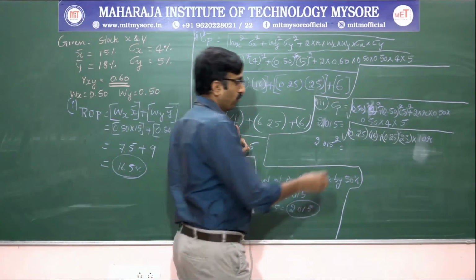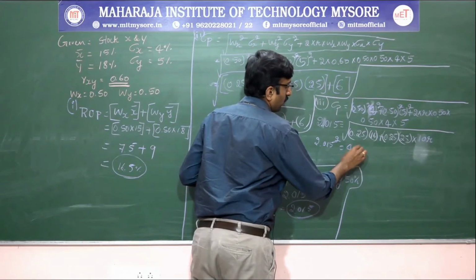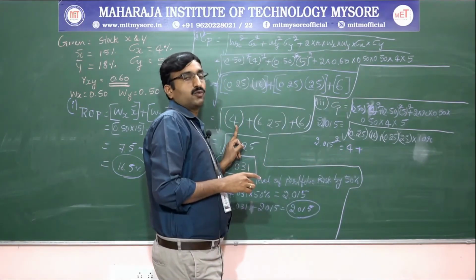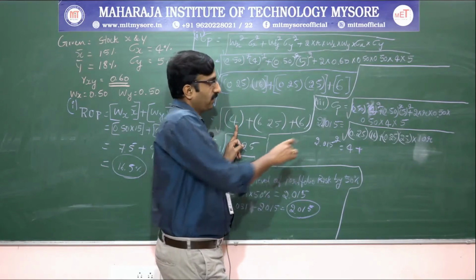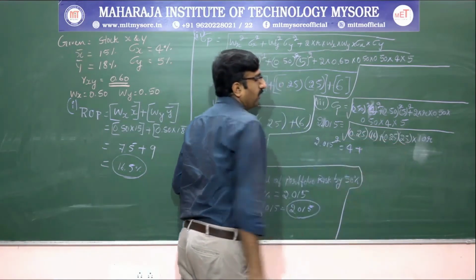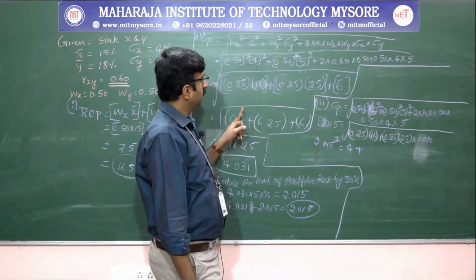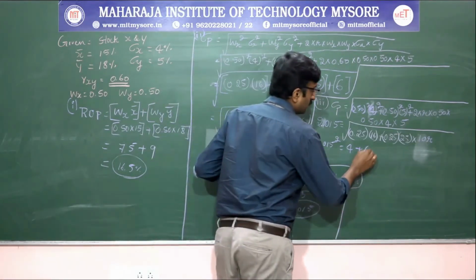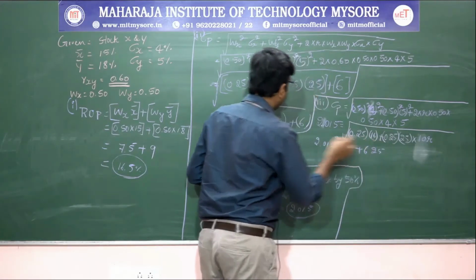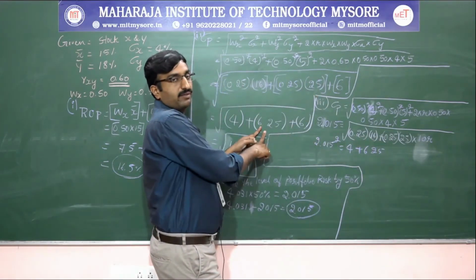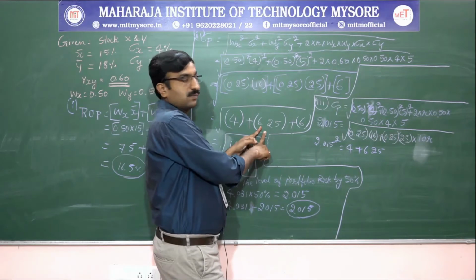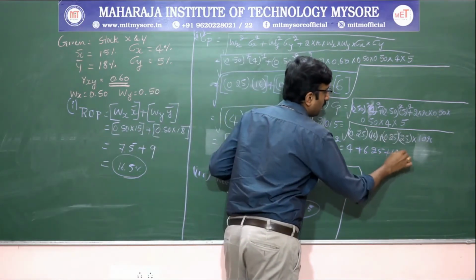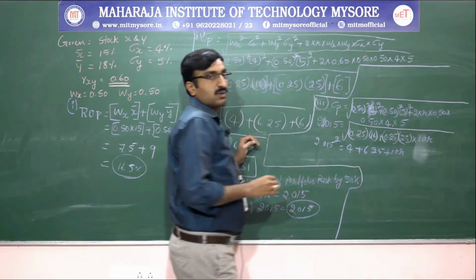You will get 4, okay, plus 0.25 into 25. 0.25 into 25, how much you will get? You will get 6.25. Already you have calculated in the previous question and answer. 6.25 plus 10 R. Okay.